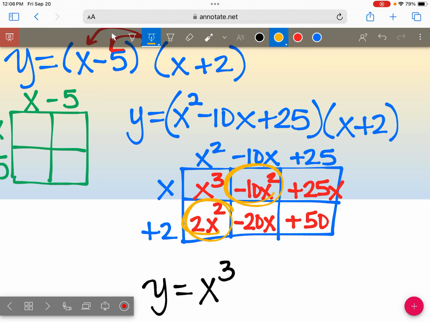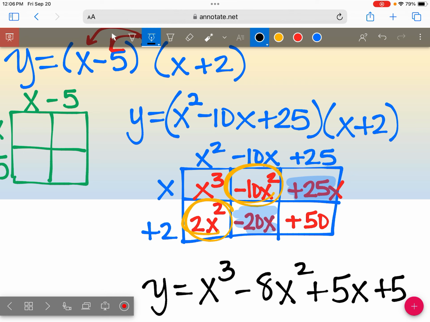What would be your quadratic term, or your x squared term? Negative 8x squared. And then we have our next one, which would be these two. Positive 5 or negative 5? Positive 5x and plus 50. And that's it. Simple, right? Nothing complicated. Okay, let's keep moving.